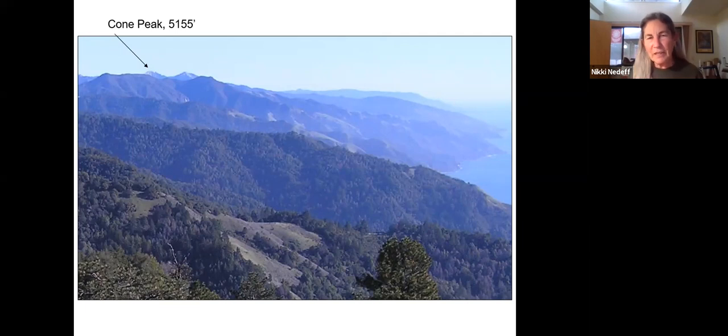It has the steepest elevational gradient along the entire west coast of North America, except for Canada and Alaska. So between the coast and the top of Cone Peak, it climbs in elevation over an amazingly short horizontal distance. And because of that, there are tremendous gradients of change, and along those gradients, an amazing array of plants.